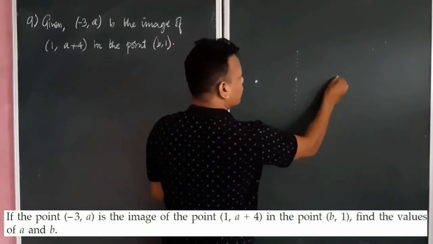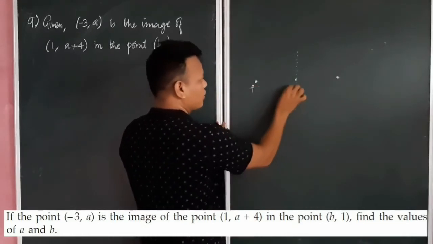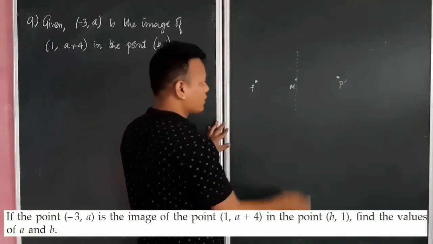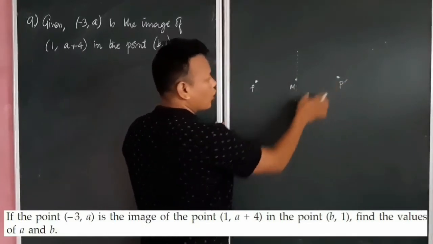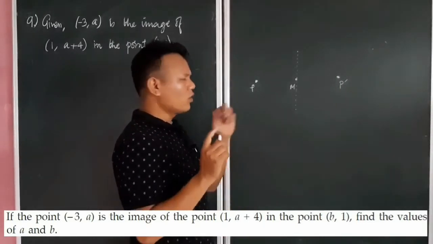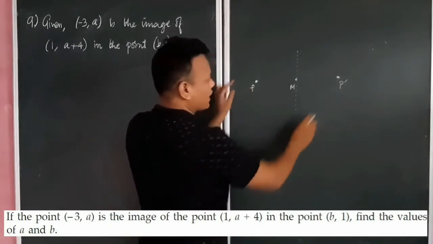If this is my point p, this is my mirror m, and this is my image p dash, then pm and p dash m will both have the same distance. Or else, what we can say is m will be the midpoint of p and p dash, isn't it?